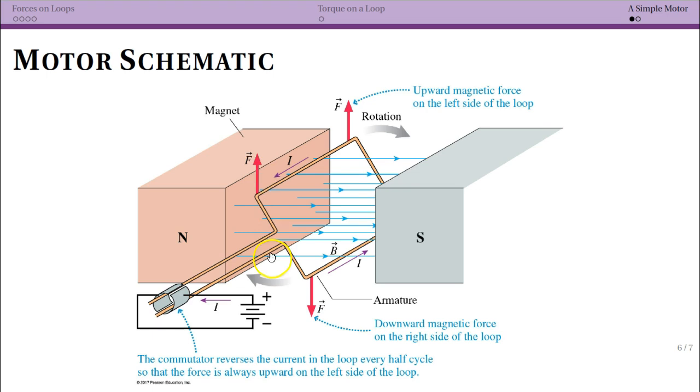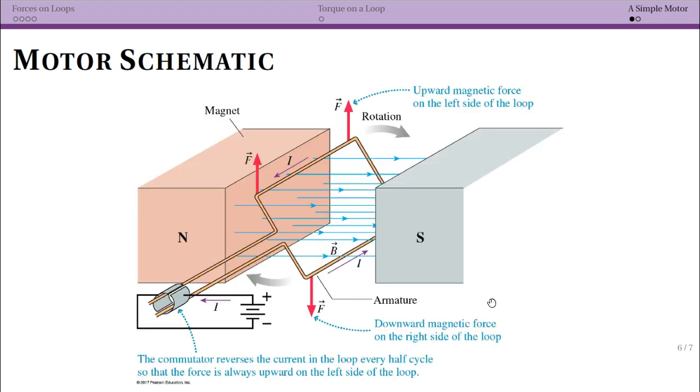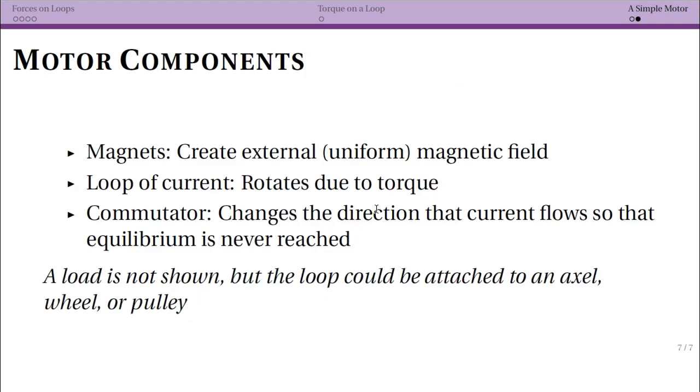So do think about this. The last thing about this picture is that we haven't shown a load. Like if you really think about this, you might say, well, why do I care about making this little loop spin? You said this is a motor, but this seems completely pointless. And you're right. What's shown here is pointless because we haven't shown the load. And the load, for instance, is going to be the axle connected to wheels.